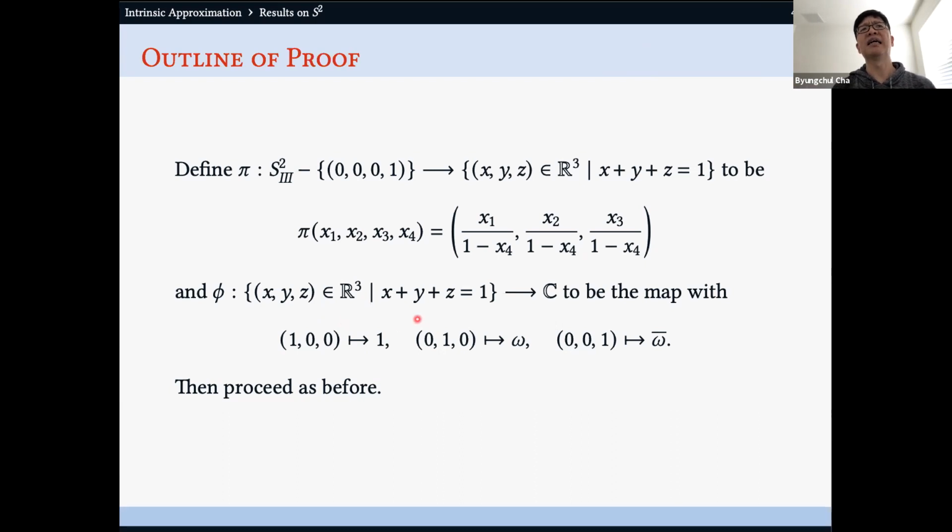This is a slanted plane in R3, but you project it in a pretty symmetric way, so that 1, 0, 0 goes to 1 and 0, 1, 0 goes to the usual third root of unity, omega, and then 0, 0, 1 goes to its conjugate. And then you can proceed and do some unpleasant calculations and you prove that heights match exactly the way we want. So we're able to prove that these two things are the same.